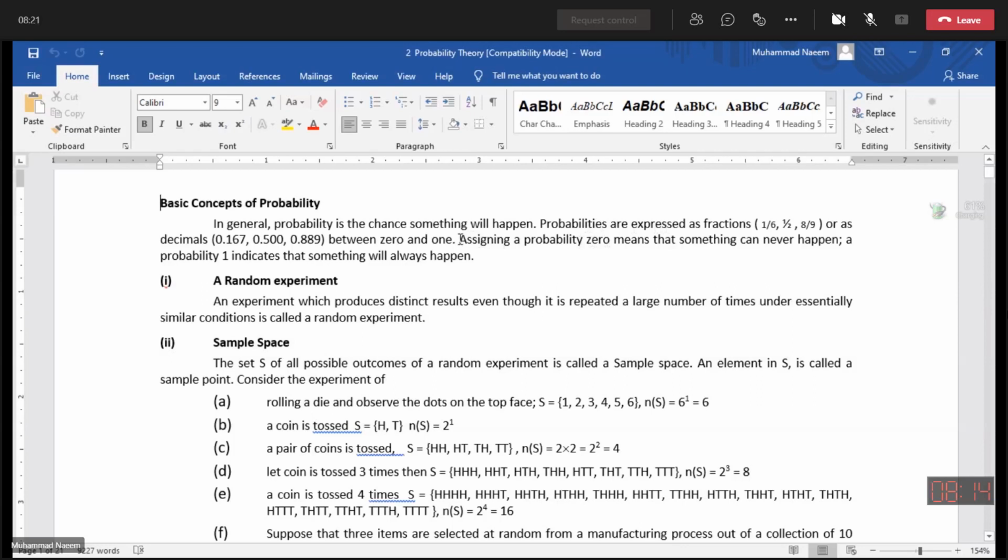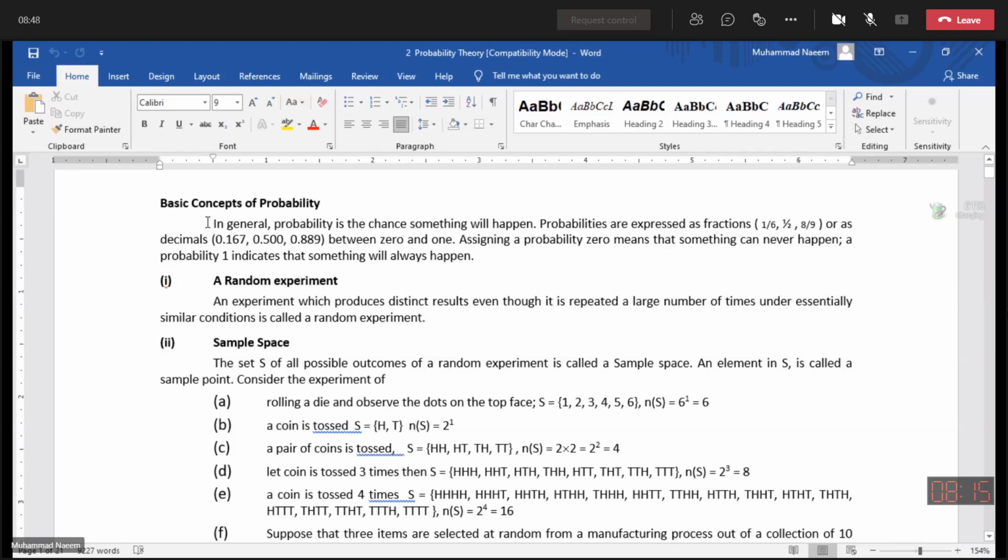This ratio may be 0 or maximum it may be 1. As we have in percentage, sometimes the things are 0% or maximum they are 100%. So in ratio they are measured between 0 and 1.